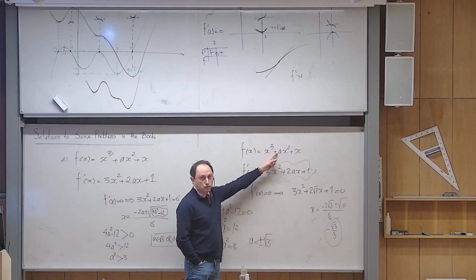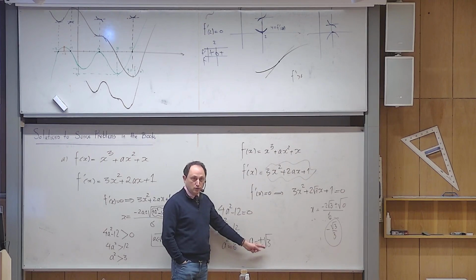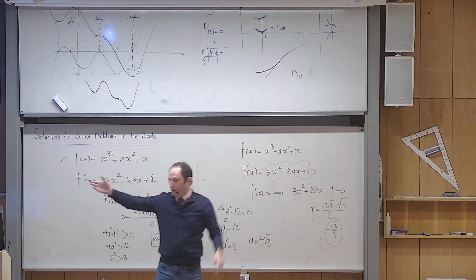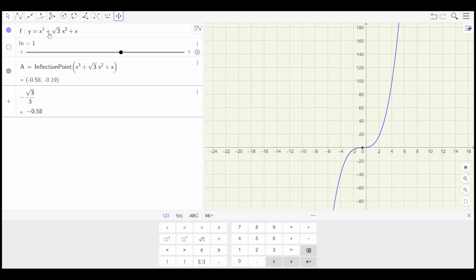Either I choose a to be square root of 3, or I choose a to be minus square root of 3. Of course, I will get 2 different functions. If I want to draw that, I can go back here and ask GeoGebra to take it minus. And then I go and draw it.